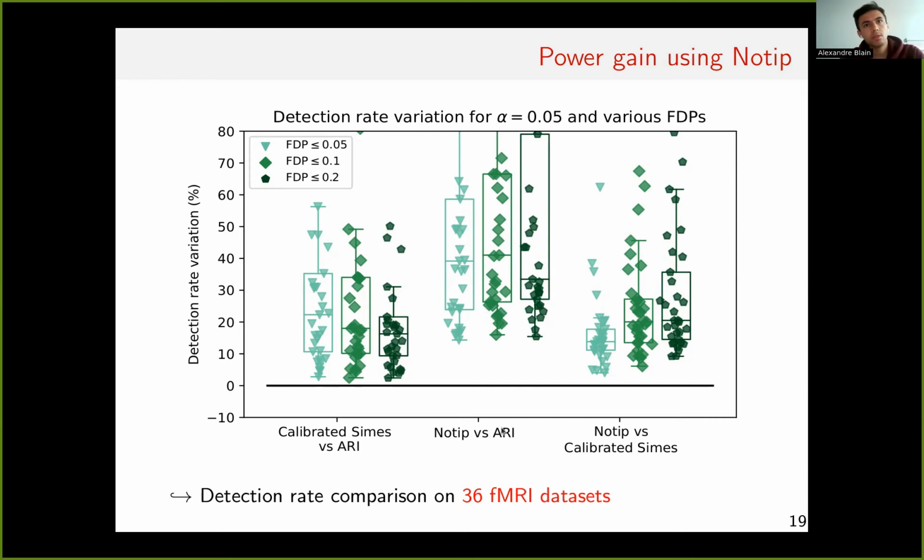And what you see, especially in the grouped box plot in the middle, is that on average, Notip, using a fully non-parametric procedure, will yield a region that is 40% bigger than the one that you would get using Simes, which is a fully parametric method. So this is the experimental study that we conducted to show the interest of non-parametric procedures in this context.